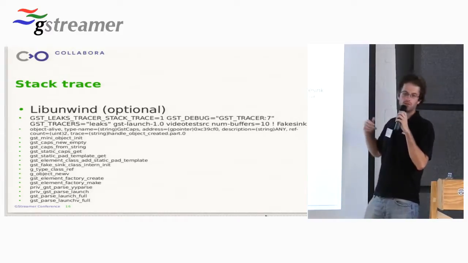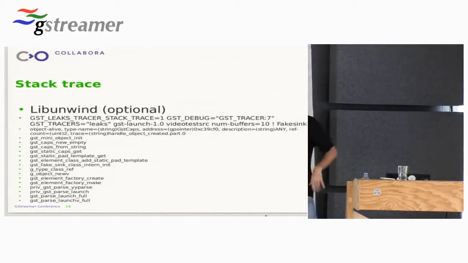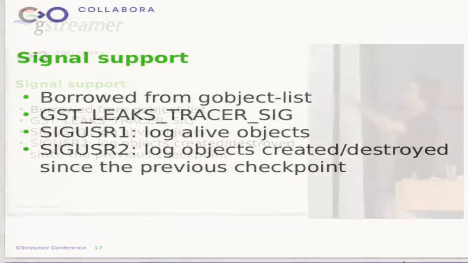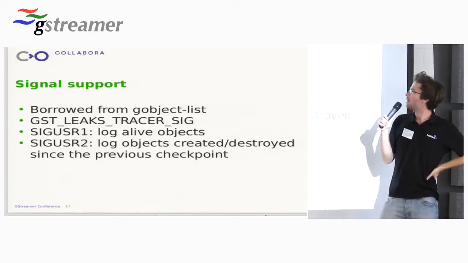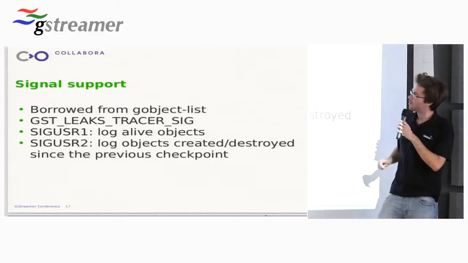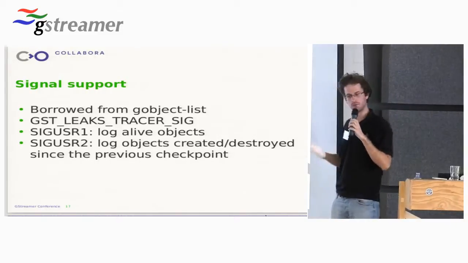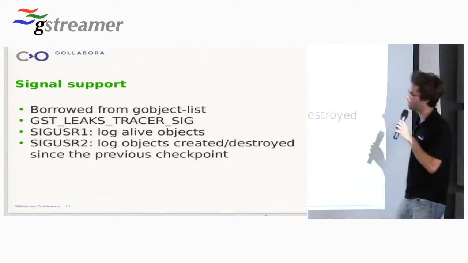If you try to use it and it doesn't work, please open bugs because it's supposed to be multi-platform. But this point is not, because we are using Unix signals. It's a feature I actually implemented ages ago in a small project called GObjectList, which is a GObject debugger to debug memory leaks, and I re-implemented it here inside my tracer.